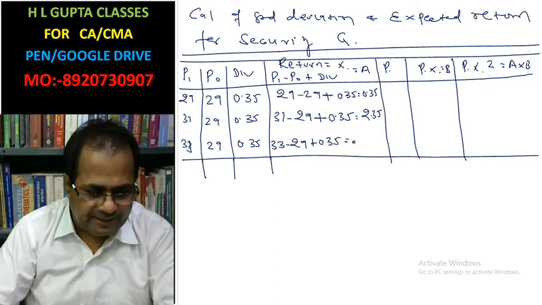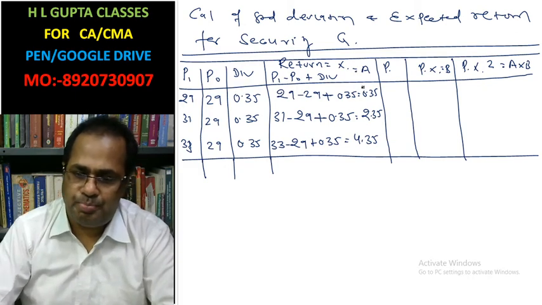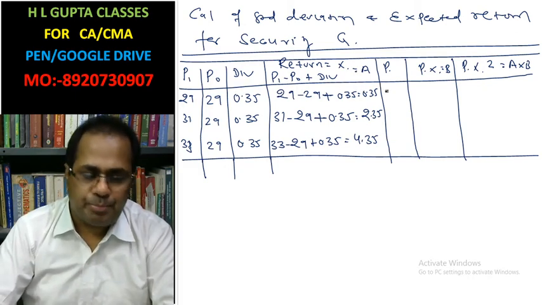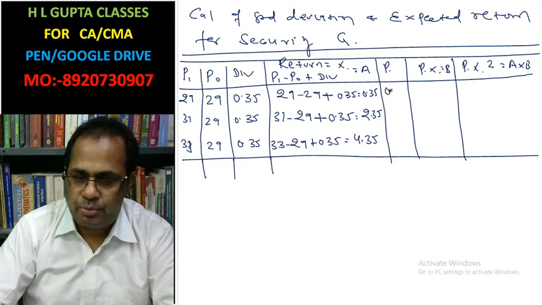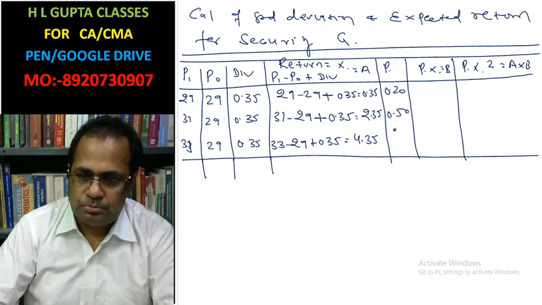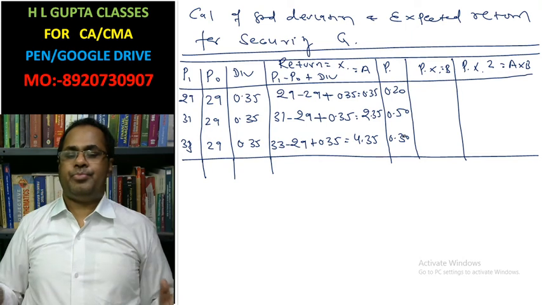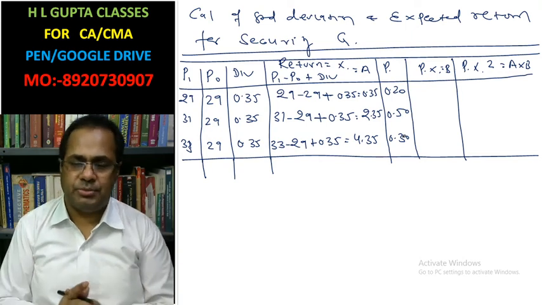This is your answer, 4.35. This is your xi, and probability is given 0.20, 0.50, 0.30. This is your probability.